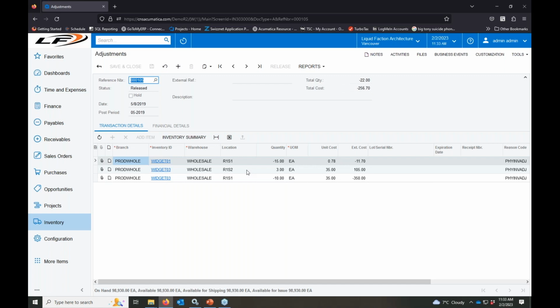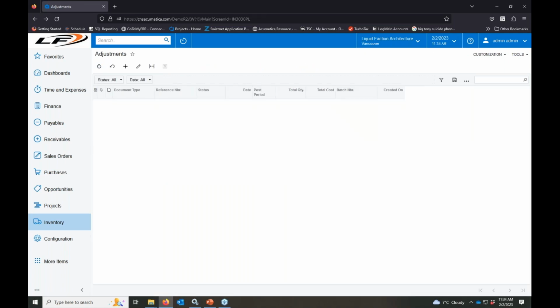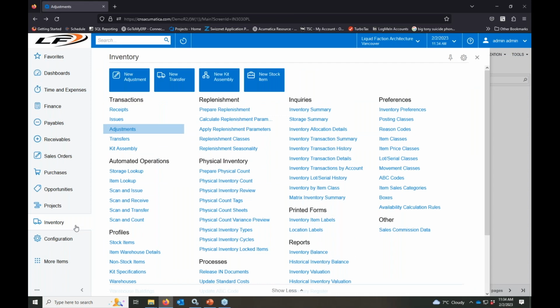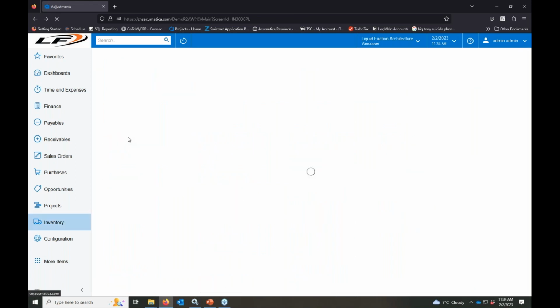For widget 3, we increased the R1 S2 location by 3 units, and we decreased R1 S1 by 10 units, so there's a delta of 7 there. So negative 15 and negative 7 is negative 22, for a total adjustment cost of 256.70. Okay, heading back, we've got transfers.